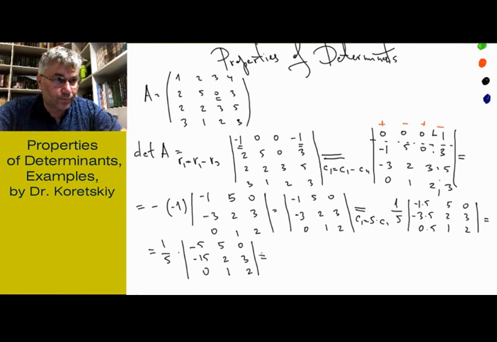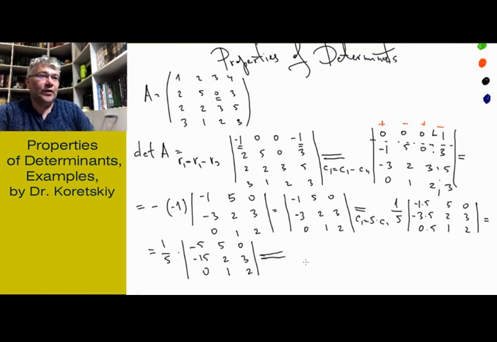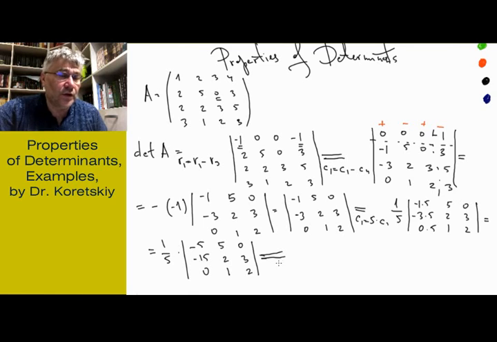Look, I have 5 and minus 5 in the first row. So look, I can add to the column. I want to vanish one of these 5s here, and it's very easy to do.